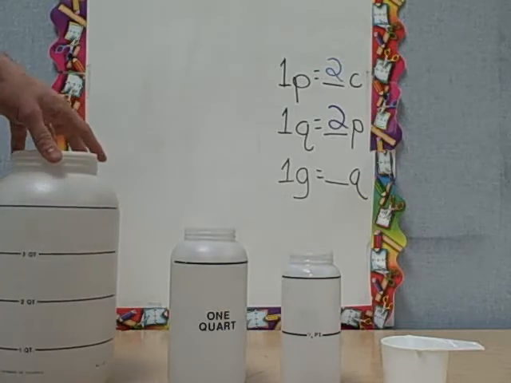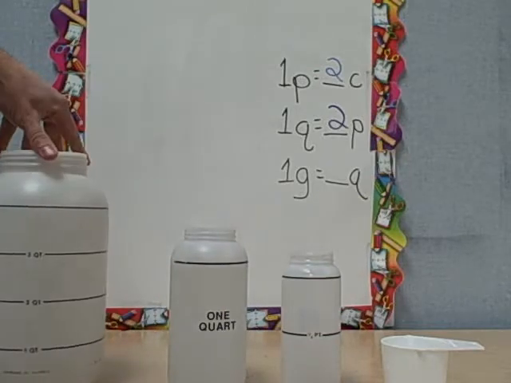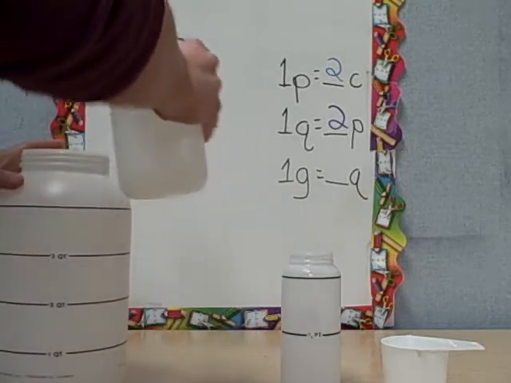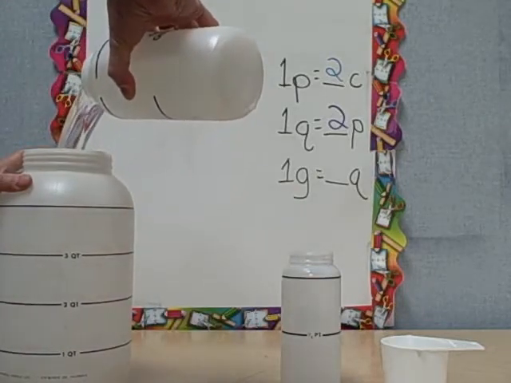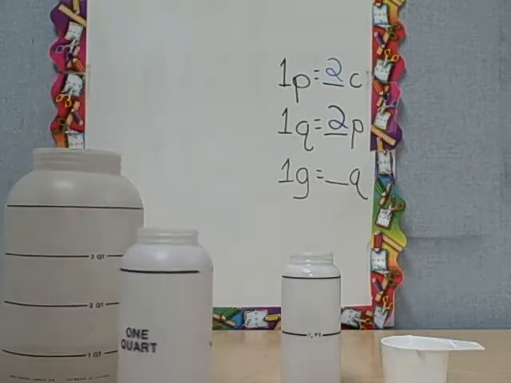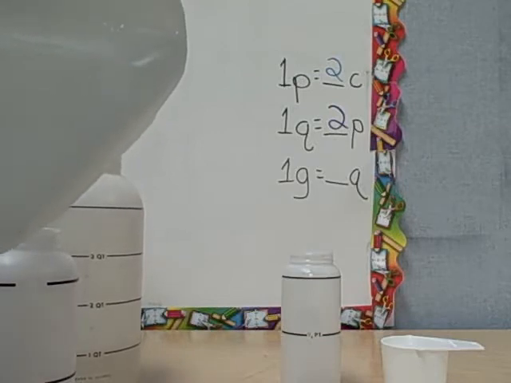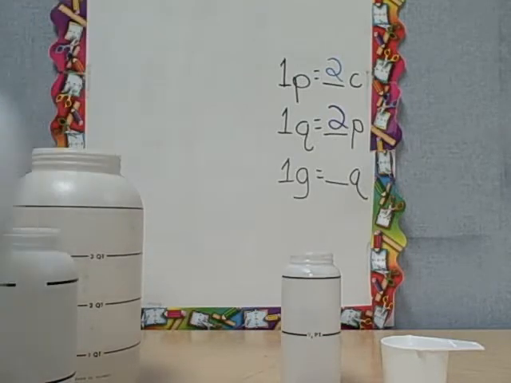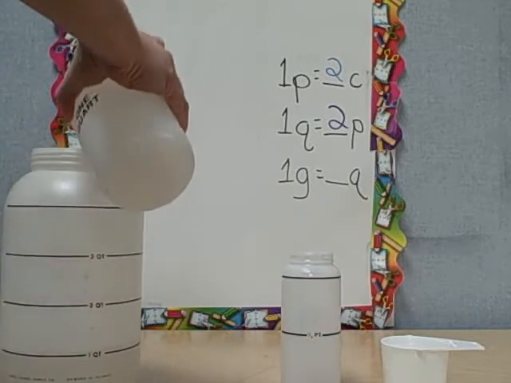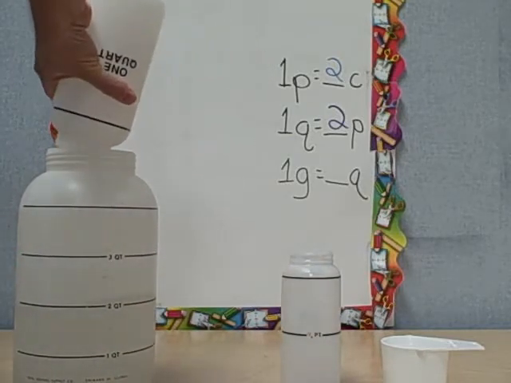Now the only question is, how many quarts fill a gallon? So I'm going to do the same thing. I'm going to pour my quarts in. There's 1 quart. Quarts.